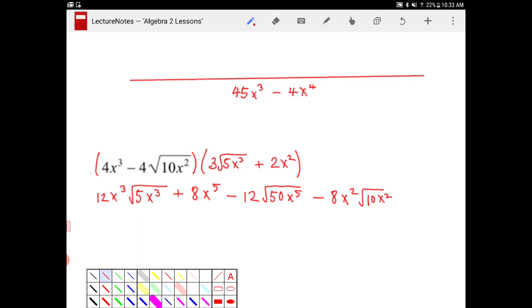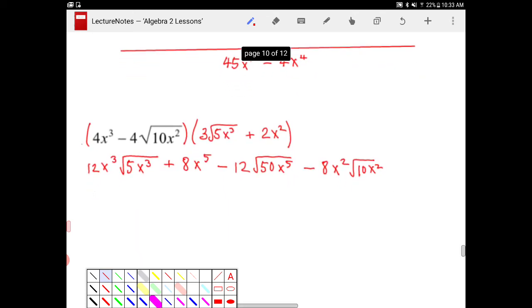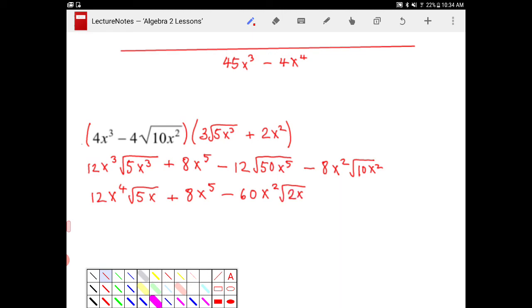And then there are things that I can reduce. This becomes 12x to the fourth radical 5x plus 8x to the fifth minus, the 50 becomes 25 times 2, so I end up with 60, and x to the fifth becomes an x squared. So I'm left with 2x on the inside, and then minus that becomes an 8x to the third radical 10.